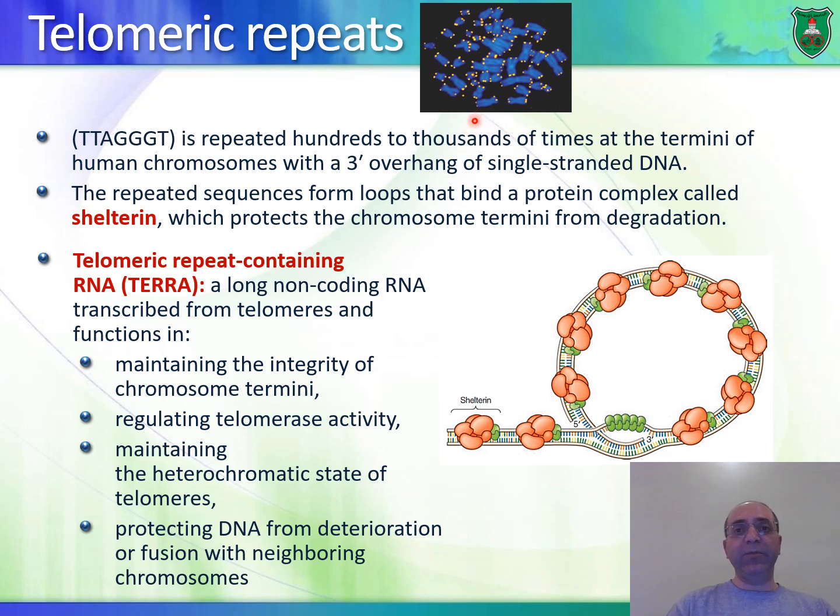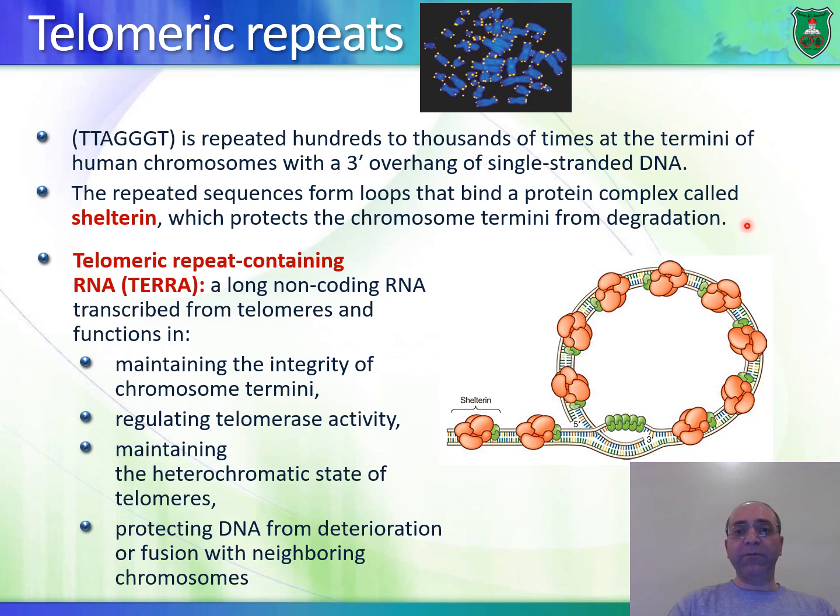This is another image of fluorescence in situ hybridization, where you have telomeres being stained. Of course, as you know, telomeres are composed of a repeat, that is TTAGGT, or TTAGGG without the T at the end. It doesn't matter because it's a repeat. These are repeated hundreds to thousands of times at the termini of chromosomes.